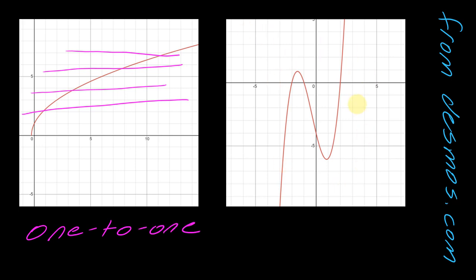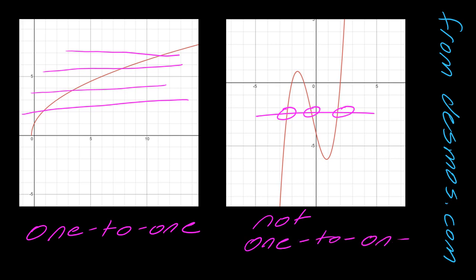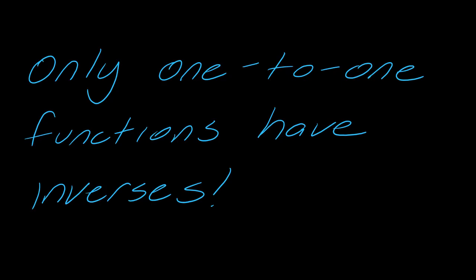Versus with this function here, I can draw a horizontal line and intersect 3 times, so this would not be one-to-one. The horizontal line test, kind of like the vertical line test, makes it so much simpler to figure this out. Now, the reason that we talk about one-to-one functions is that only one-to-one functions have inverses. Remember, we're reviewing inverses ultimately here.